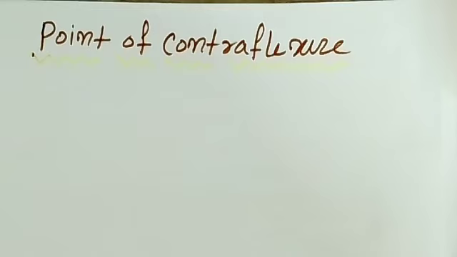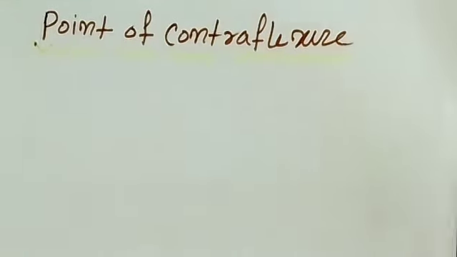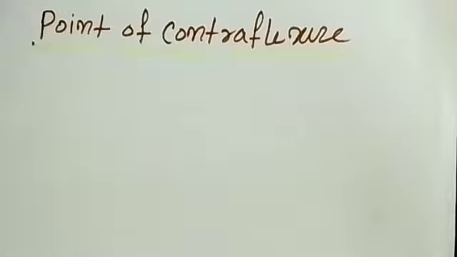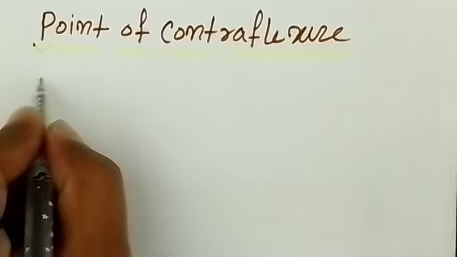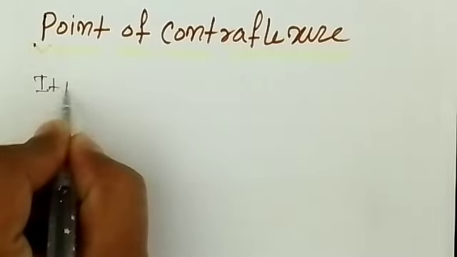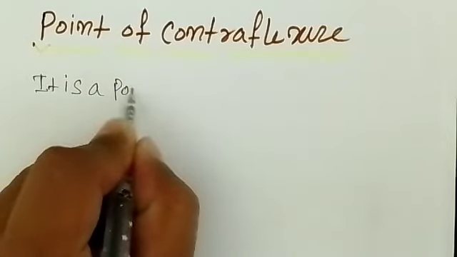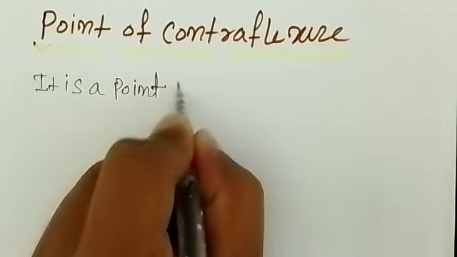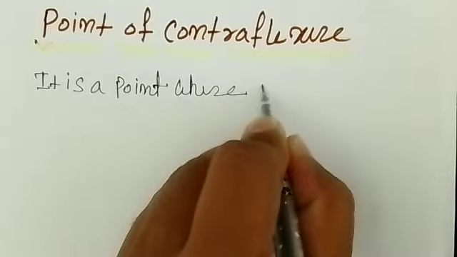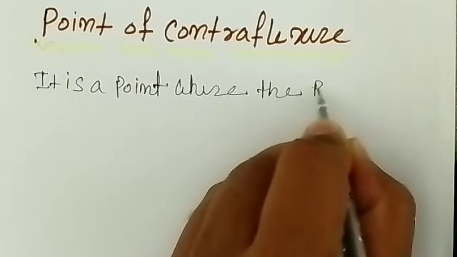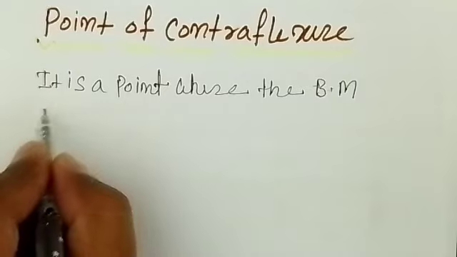In another way, the point of contraflexure is a point where the bending moment changes its sign from positive to negative and vice versa, right? So you can write what the point of contraflexure is. Write down that it is a point where the bending moment becomes 0.